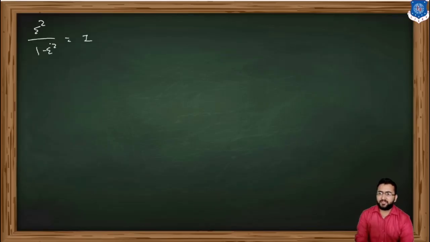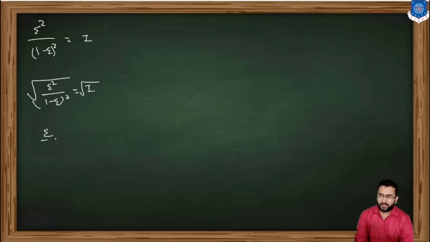Okay, so I am taking the square root of both sides. So the square root of epsilon square upon 1 minus epsilon whole squared is equal to 1. So it becomes epsilon upon 1 minus epsilon is equal to 1. Taking this to this side, it becomes epsilon is equal to 1 minus epsilon.